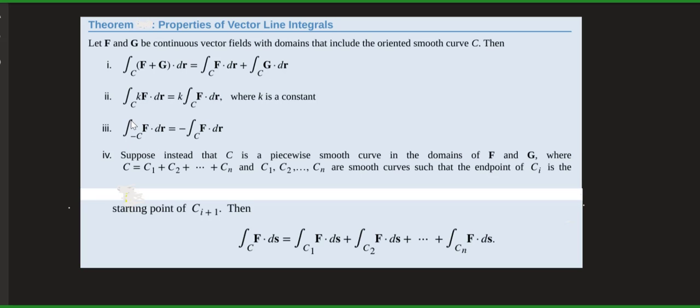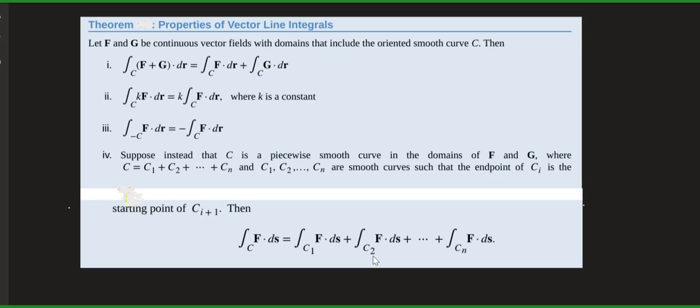If we want to get the line integral over minus C, the opposite direction of the curve, the integral will be equal to minus the integral of F over the curve C. And the last one: if the curve C is a union of piecewise smooth curves, in order to get the integral over C, we can sum the line integrals of F over each piece.